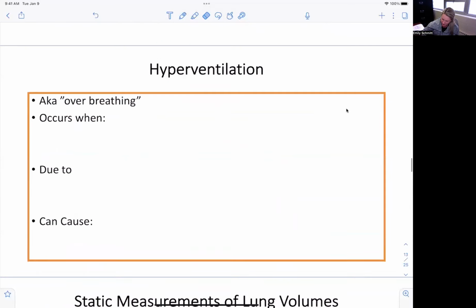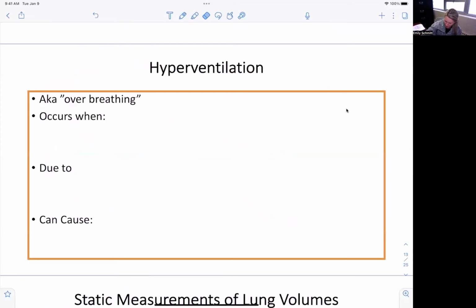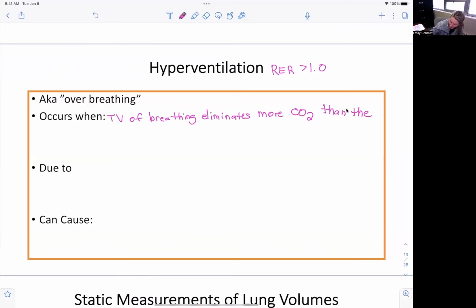So we've already discussed hyperventilation in a previous unit. Remember that hyperventilation was when RER was greater than 1.0. So this occurs when your tidal volume of breathing eliminates more carbon dioxide than the body can produce.